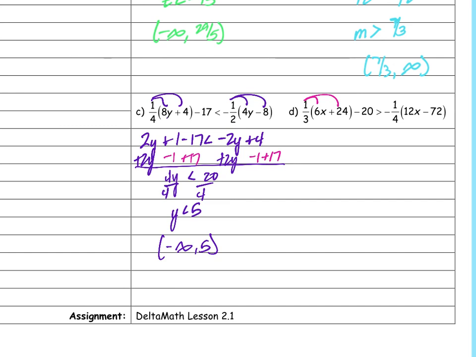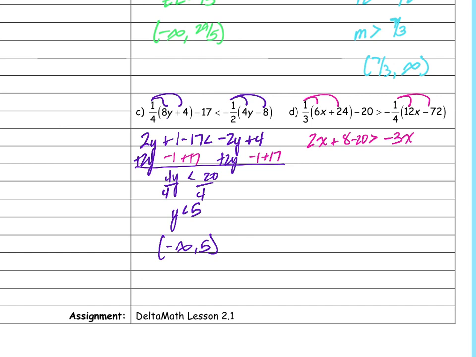1/3 of 6 is 2x, and 1/3 of 24 should be 8 minus 20. And 1/4 of 12 should be 3, negative 3x. And 1/4 of 72, oh, I don't know what 1/4 of 72 is.